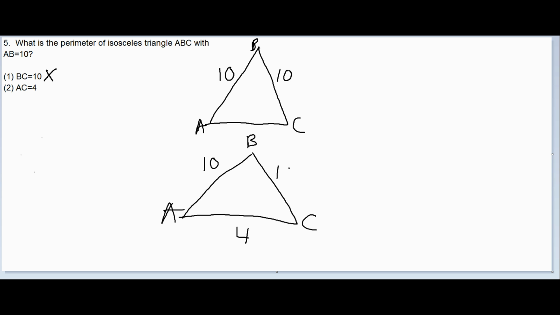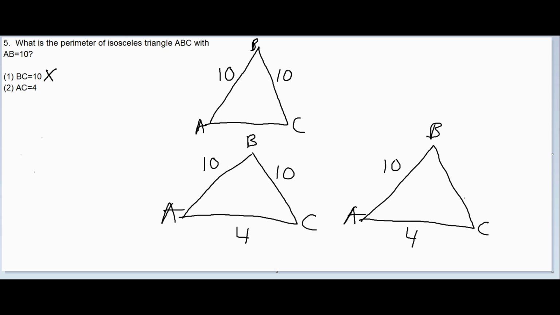So it could be 10, or if you draw it again, it could be 4. So you might say, okay, the perimeter of this is 18, the perimeter of this is 24, so that's still not enough information.